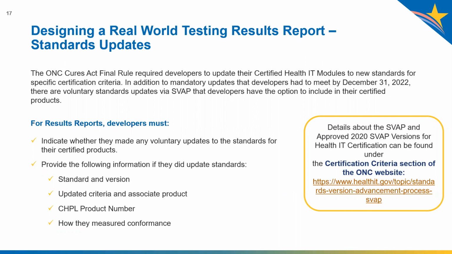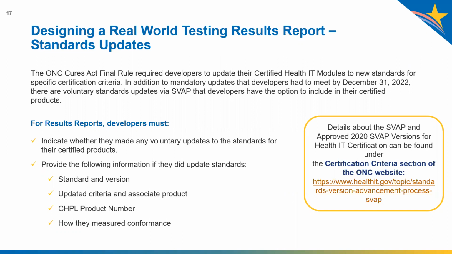Maybe you leveraged SVAP earlier in 2022, and by the August 31st deadline for these to be complete in 2022, you had already completed them, okay? So you have those updates included in your plan for 2023. You're not reporting on those in this upcoming results submission cycle for March of 2023. You're going to go out and test that this year in your real world testing activities, and it will be included in next year's results report.